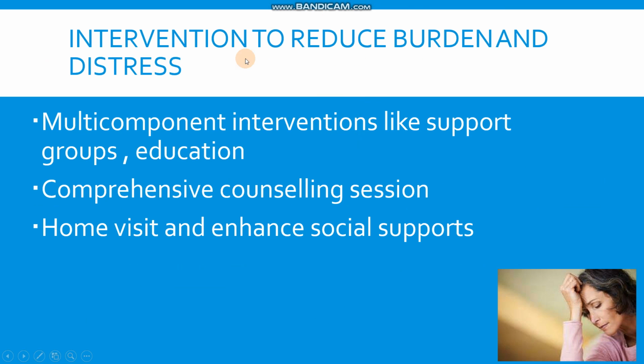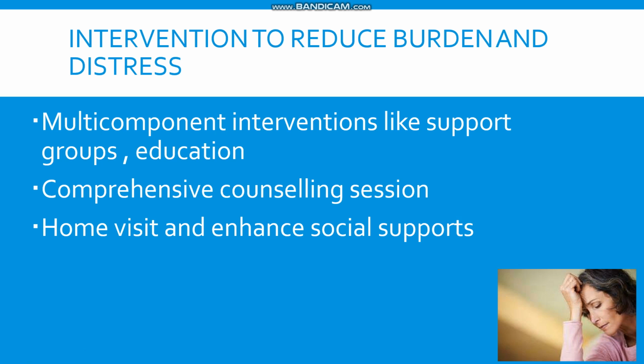The fourth point is interventions to reduce burden and distress. Multi-component interventions like support groups as well as proper education in a simple way can be given. Comprehensive counseling sessions can also be given to the caregiver. The nurse can do home visits as well as enhance the social supports available to the caregiver.